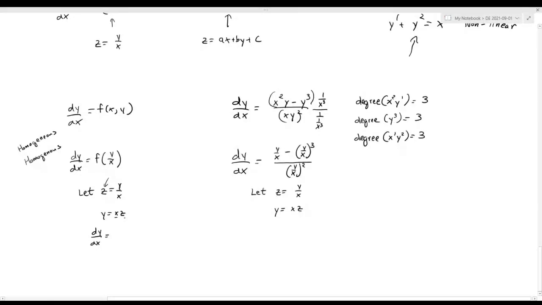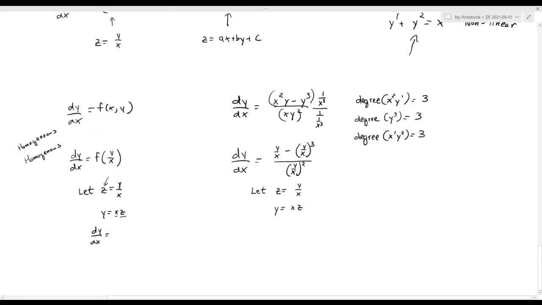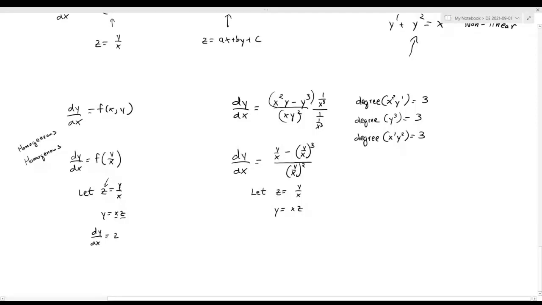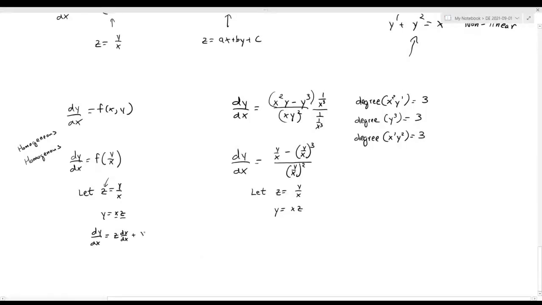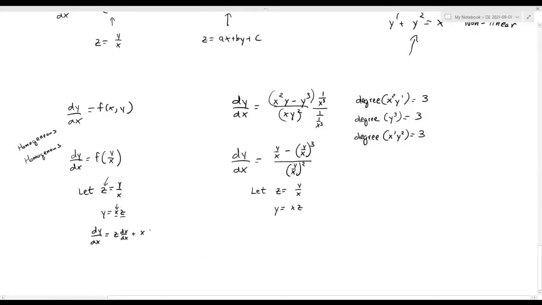So if we express y as x times z, we really have a product of two functions of x. And so we have to use the product rule. We're going to leave the second factor alone and differentiate the first one with respect to x, plus leave the first factor alone but differentiate z with respect to x.